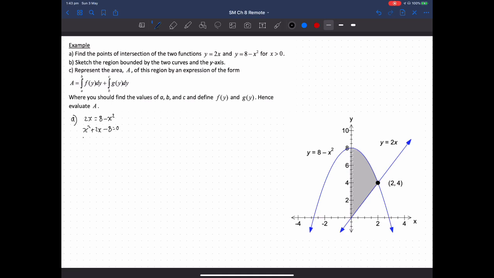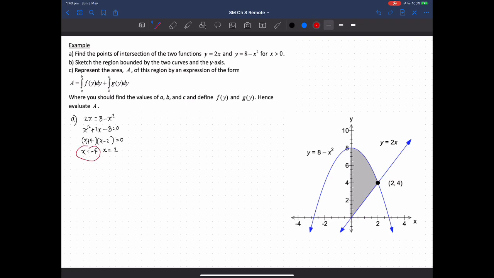We can now factorize that. Factorizing it will give us (x plus 4)(x minus 2) equals 0. Solving, x would equal negative 4, or x will equal 2.